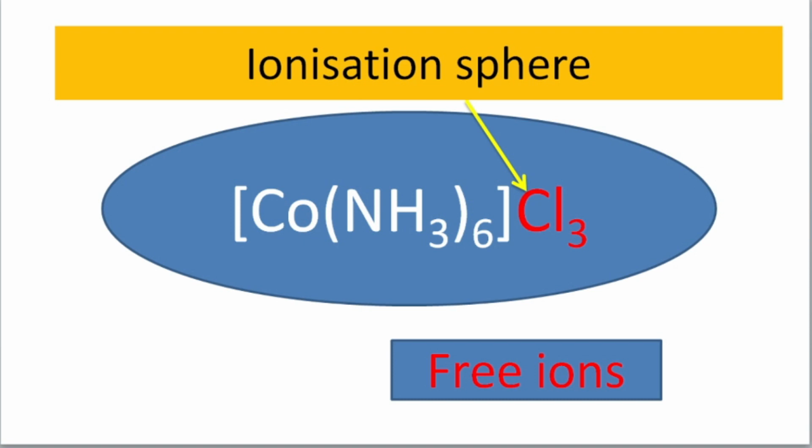In this complex Co(NH3)6Cl3, the three chlorides represented in red color are free ions. I said already, not necessarily negative ions are free; positive ions also can be free, but in this complex, chloride ions are free ions. Those ions constitute one sphere. And what is the name of that sphere? Ionization sphere.